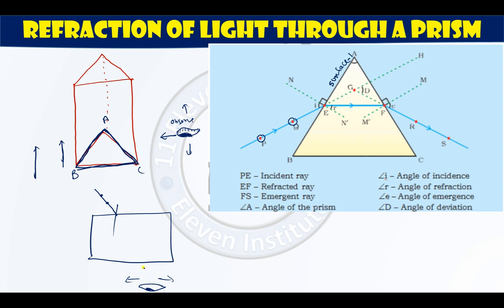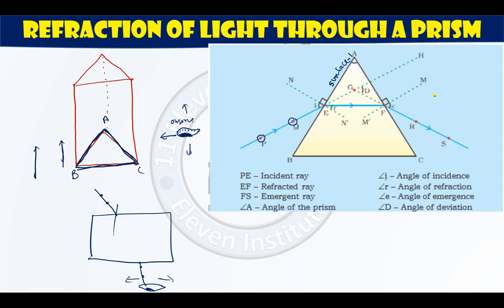We stopped at a position where these two pins appeared in a straight line to us like this, and we marked the emergent ray. Same thing you have to do over here. Only thing is, here the first surface is this side and the second surface is on this side. So we have to observe from over here and stop at a position where you can see that these two pins are in a straight line.